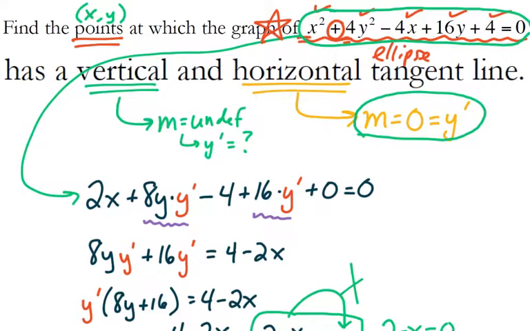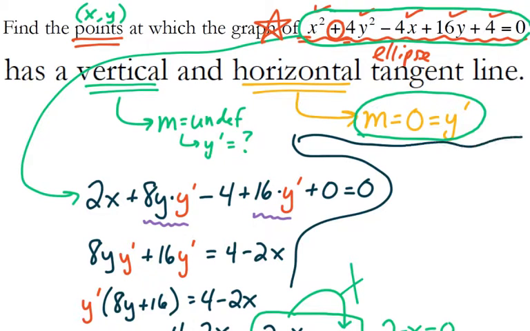So I need 2, let's see if I have enough space for this. I think I can do it. I'm going to make some room over here. Let's say when x is 2, I get 2 squared plus 4y squared minus 4 times 2 plus 16y plus 4 equals 0.